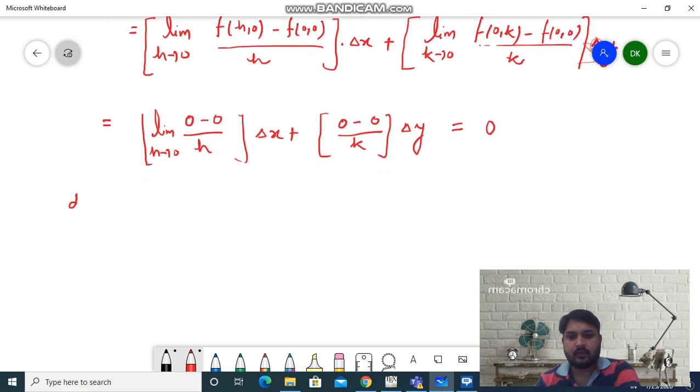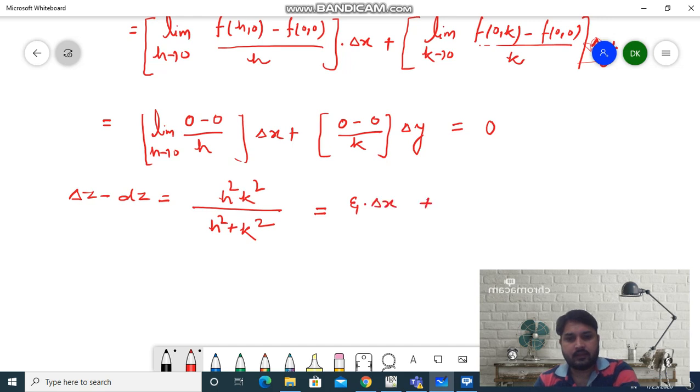Hence dz is 0, and delta z minus dz is equal to h squared k squared whole upon h squared plus k squared, and we will write this equal to epsilon 1 into delta x plus epsilon 2 into delta y.